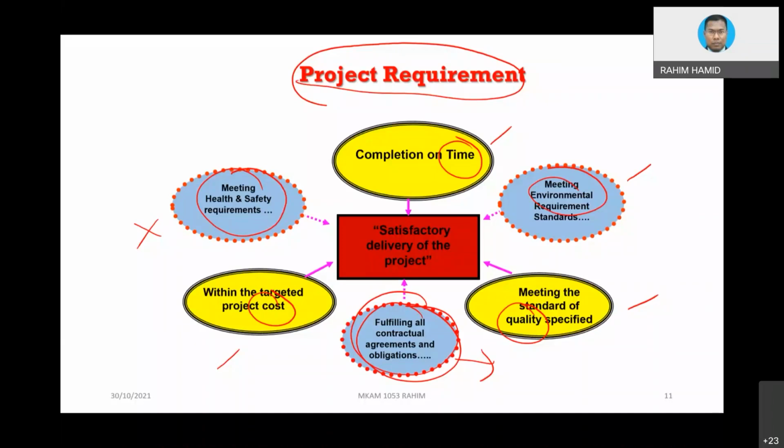You also, as a contractor, can complete within the time frame, but in terms of payment, there is very late payment, things not being paid accordingly, things like variation orders not being paid, etc. You might not be happy. So with project requirements, fulfilling everything here, then only everybody will go back happy.